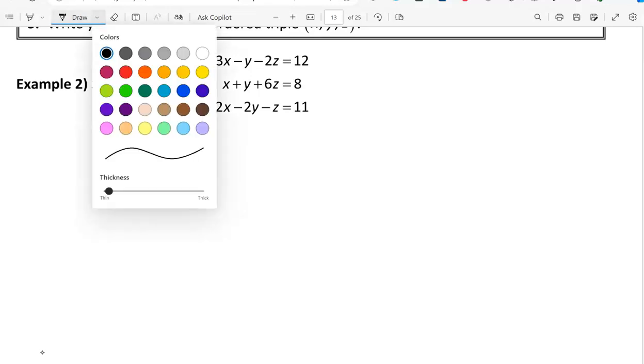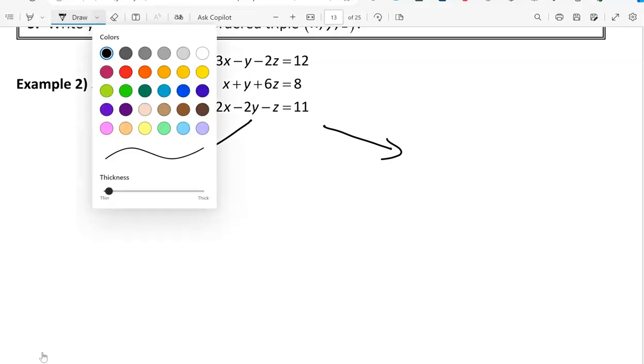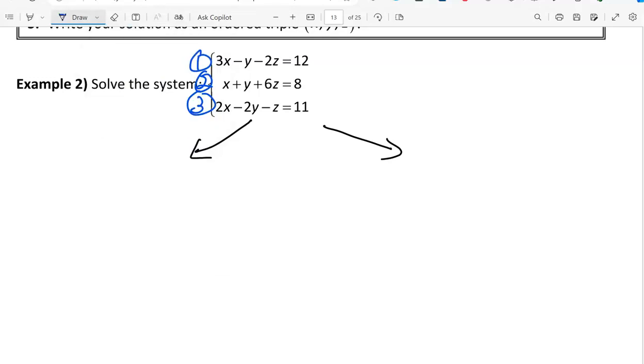So I'm going to number my equations 1, 2, and 3 for reference. And that helps me keep organized. And then I'm going to work with a different pair of equations in each step. So if I look at equations 1 and 2, it's very easy to eliminate the y variable.